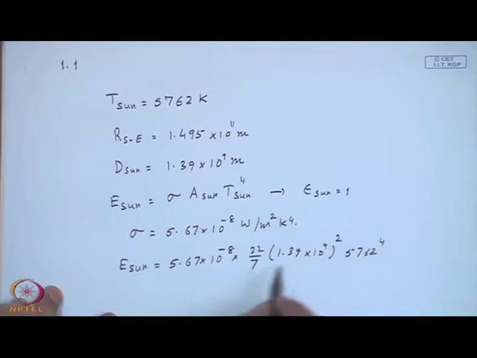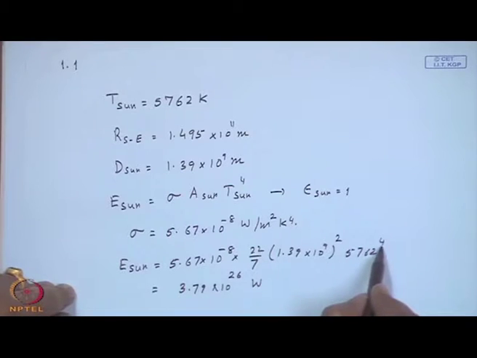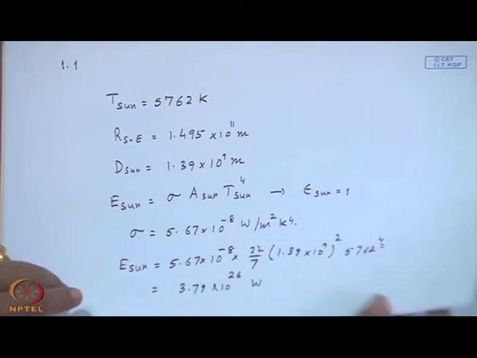That is sigma, area of the sun, into T of the sun to the power 4, which shall be equal to 3.79 into 10 to the power 26 watts. Kelvin to the power 4 gets cancelled, meter square gets cancelled, so I have got 3.79 multiplied by 10 to the power 26 watts.